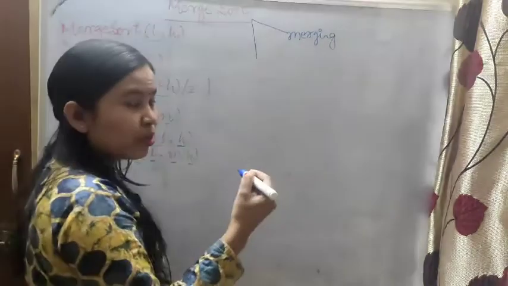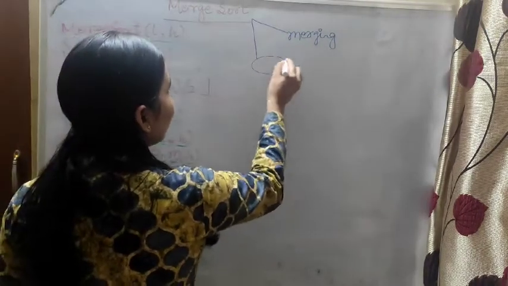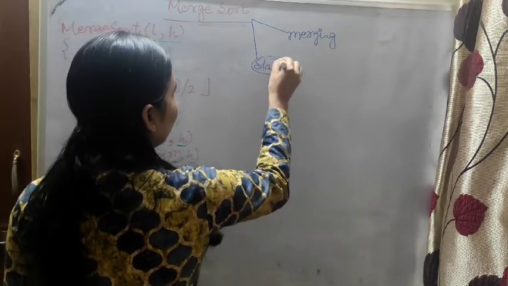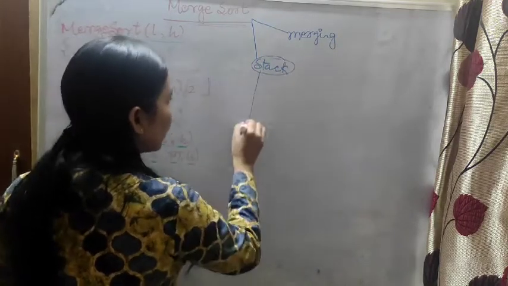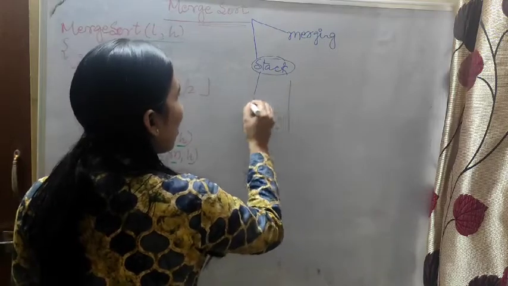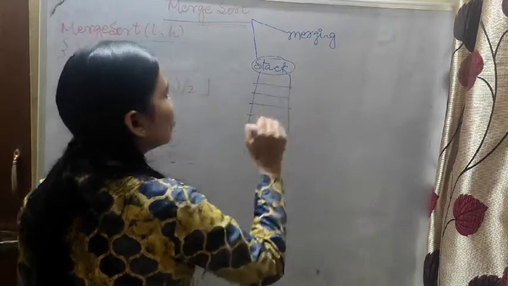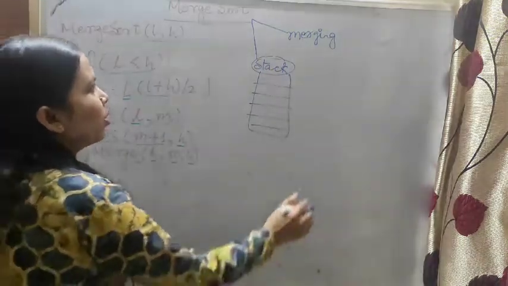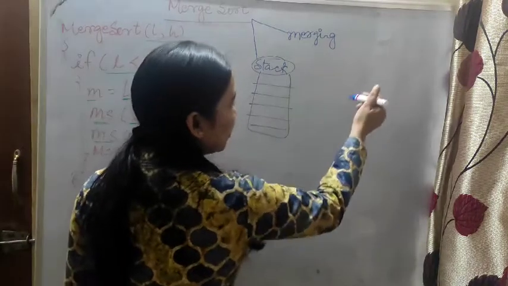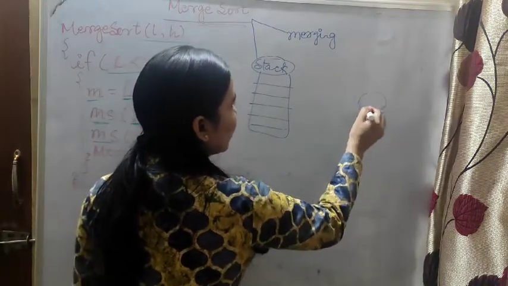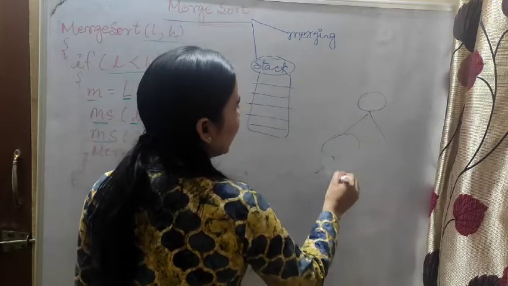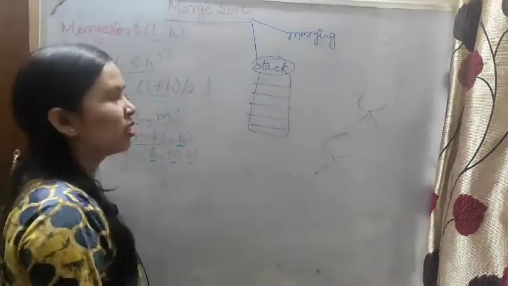Through the merging we can store the data. Another one is the stack. This stack depends on the height of the tree. We are splitting, whatever data is there, and it depends on the height of the tree.